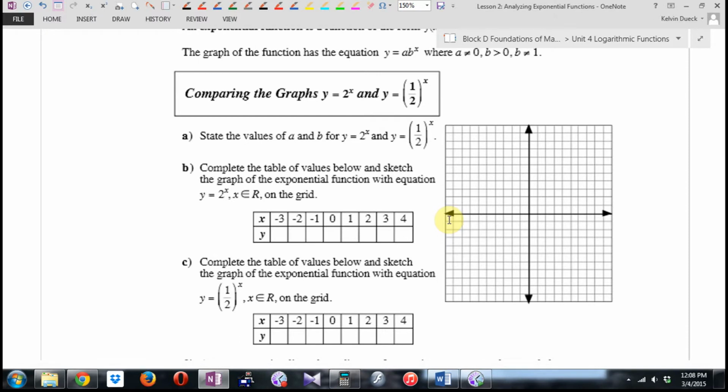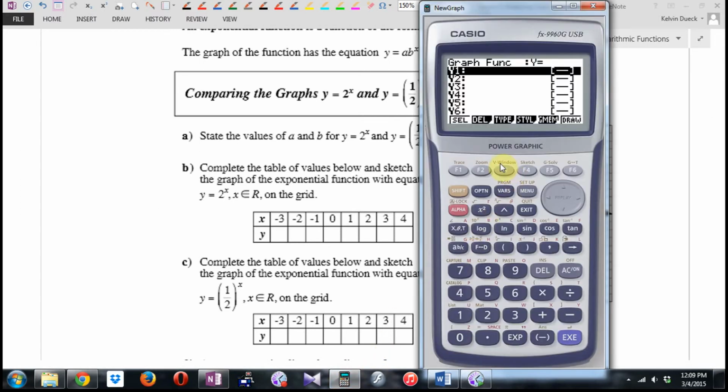Okay, so it goes -10, +10, -10, +10. We said that you could change the view window. Now, how do we do that? What is view window? It's yellow, and it's above F3. So you hit the yellow button and go view window. You may or may not already be at X-min -10, X-max 10.